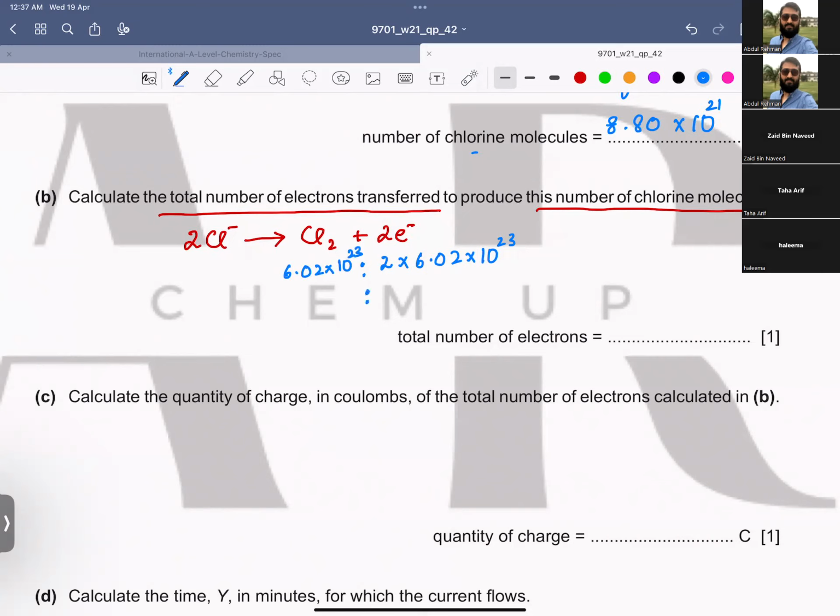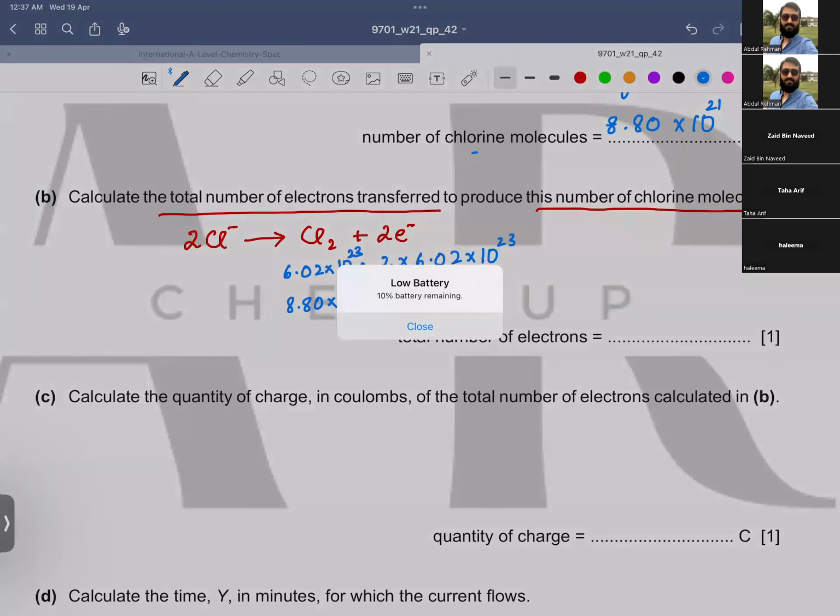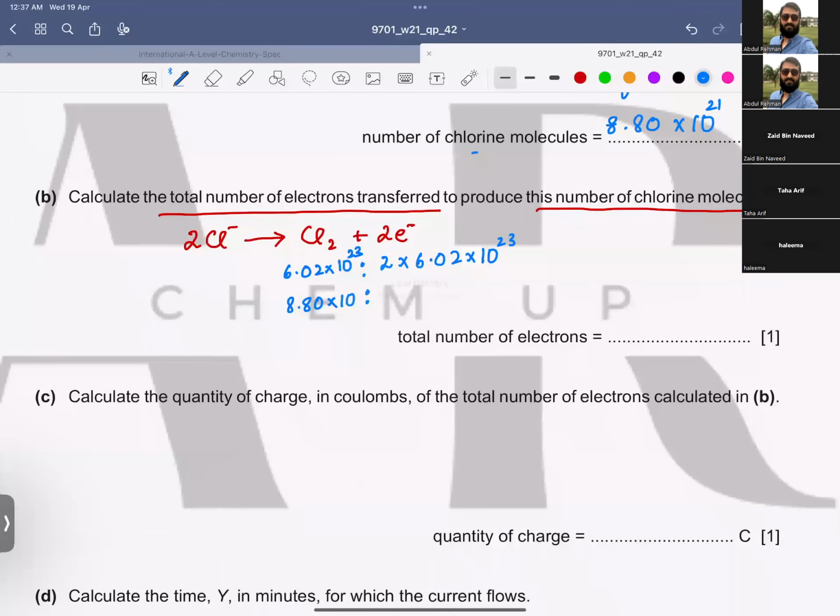And here the number of chlorine molecules in the experiment is 8.80 exponent 21, and here the number of electrons would be X.